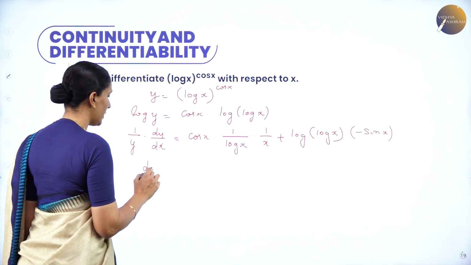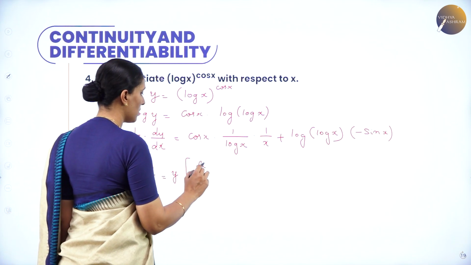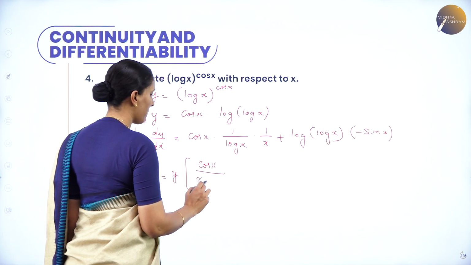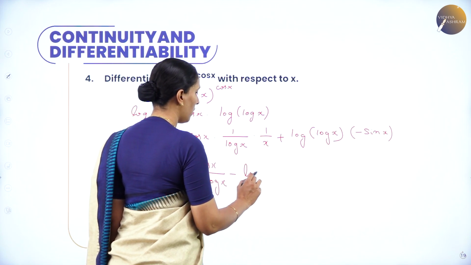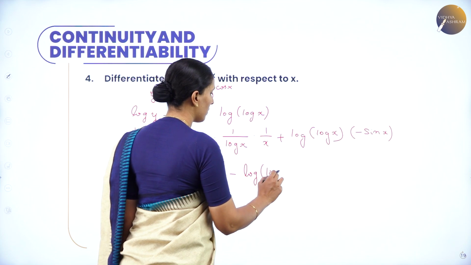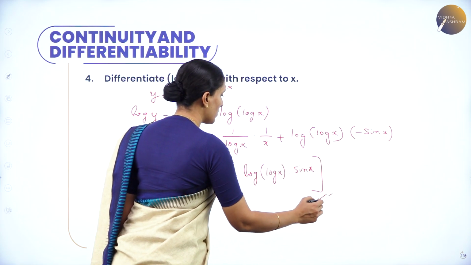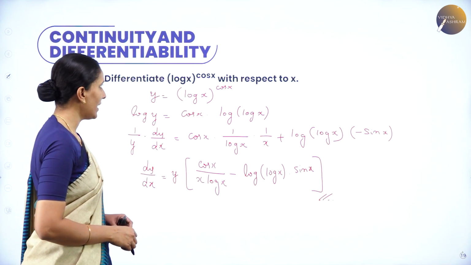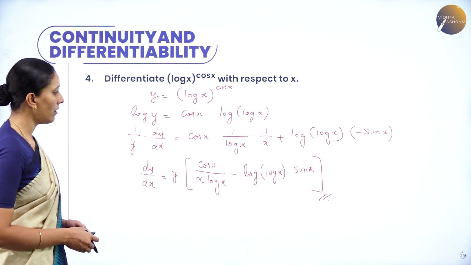Now dy by dx is equal to y into cos x divided by x log x minus log of log x into sin x. So we can also replace back the value of y as log x to the power cos x. So this is the derivative of the given function.